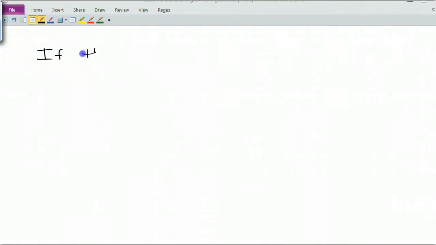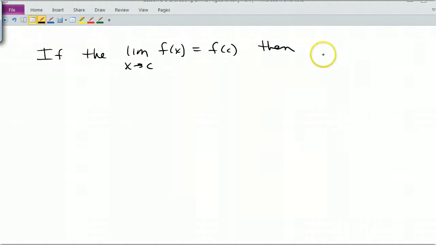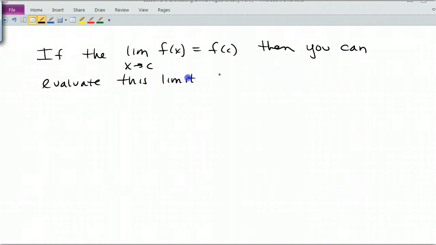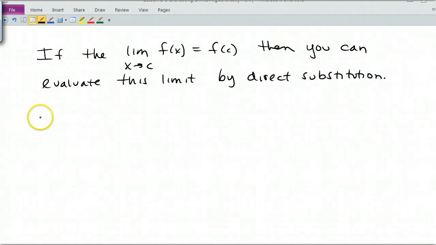If the limit as x goes to c of f of x equals f of c, then you can evaluate this limit by direct substitution. And I'll give you an example of that.